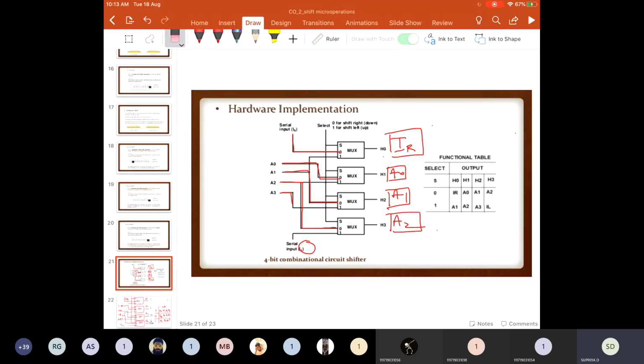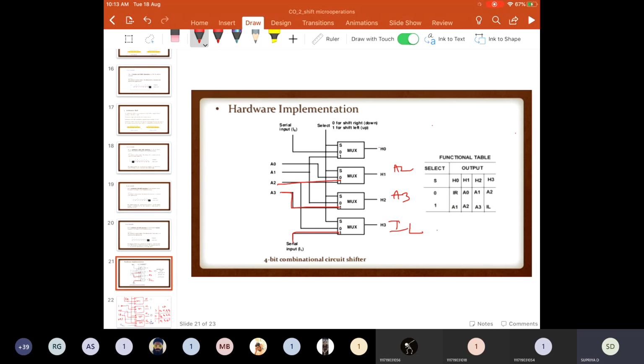And when s equals to 1, you are moving one bit up. That means the serial input you are giving for the fourth multiplexer and the output you get is IL. And here the data select line 1 is connected to A3. At H2 you are getting A3 and at H1 you are getting A2.